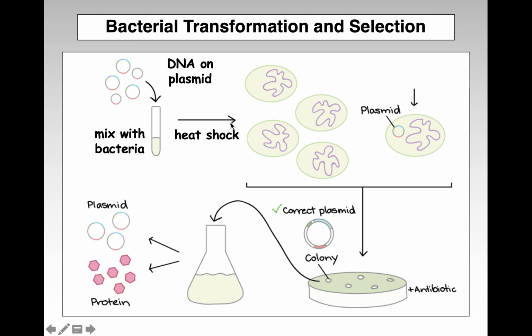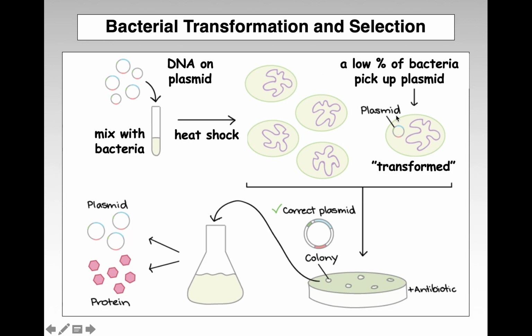We're going to heat shock that bacteria, and then we are hopefully going to have about maybe 1% of the bacteria pick up that plasmid, right? So it's not very many of the bacteria actually have the ability to pick that up. Only about 1%. These bacteria that have picked up the plasmid are considered transformed.